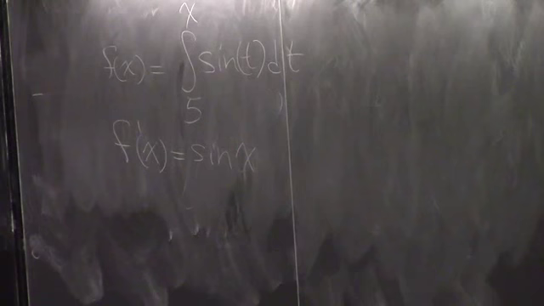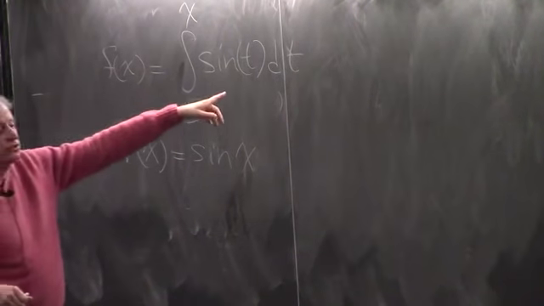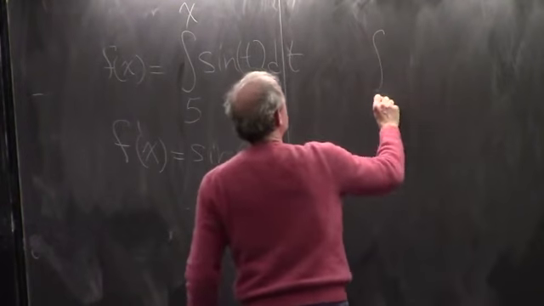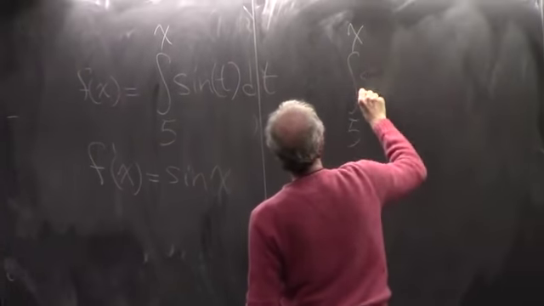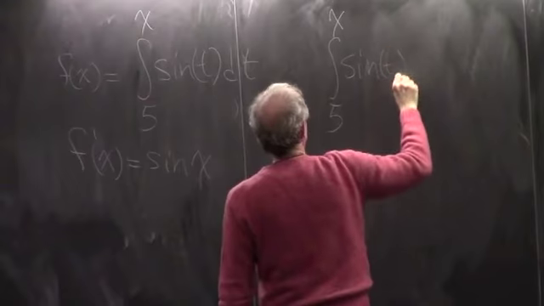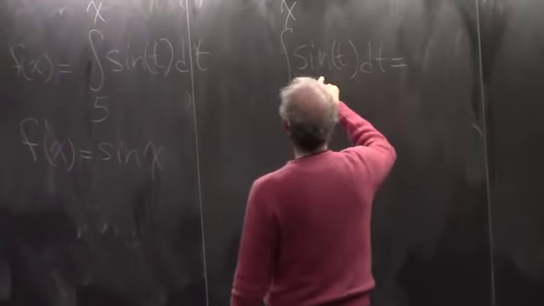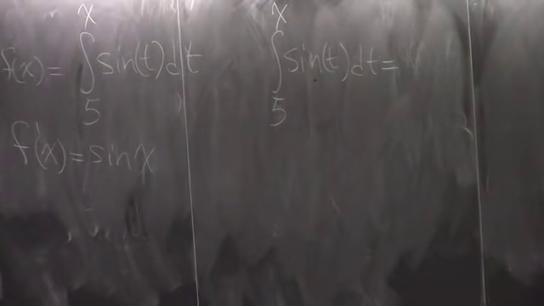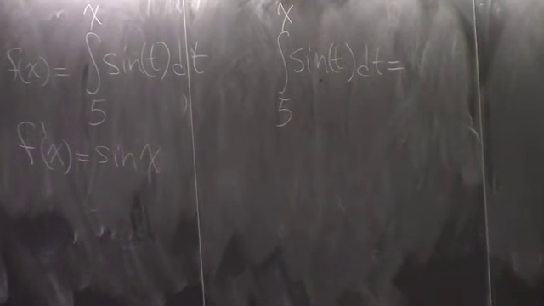Now why is that true? Well, let's do this out. First, the integral from pi to x of sine of t dt. Well, remember what the antiderivative of sine is. It's minus cosine. The derivative of minus cosine is sine.